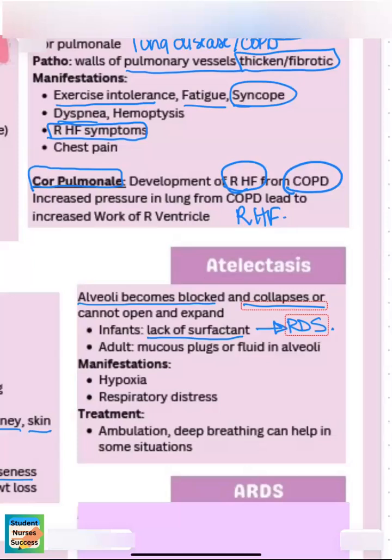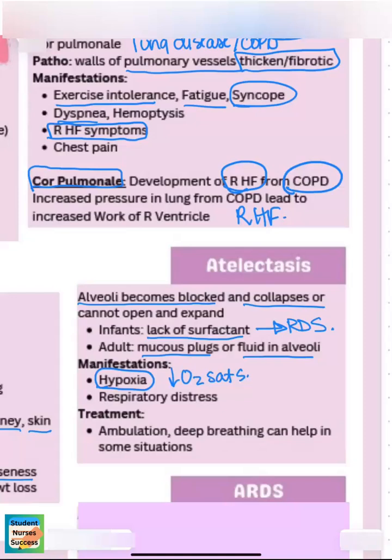In adults, you can get atelectasis from mucus plugging and then the alveoli deflate, or maybe if fluid accumulates in the alveoli from pneumonia. If we do have atelectasis, we know that since that is the location of gas exchange, patients are going to be hypoxic and have decreased O2 sats, and they may also have respiratory distress.